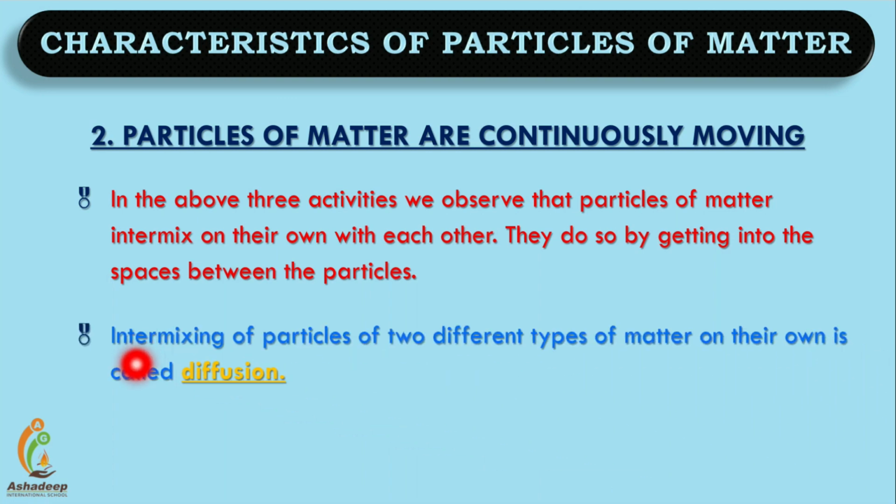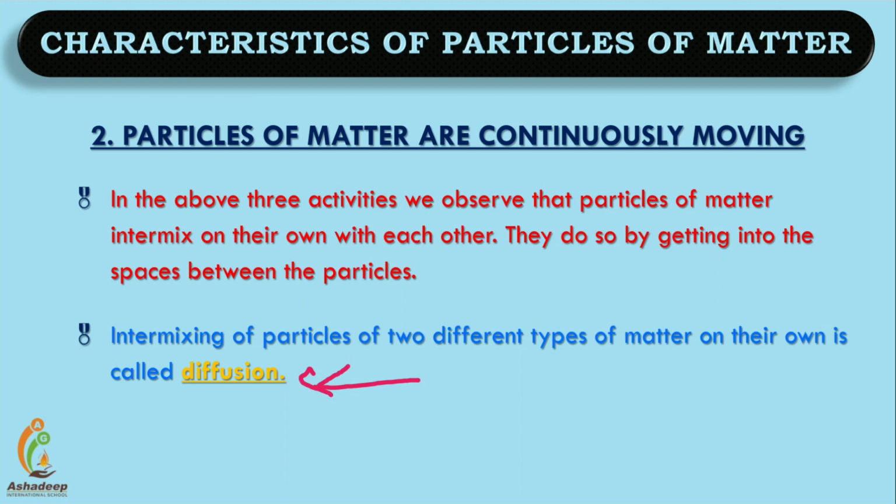Now the definition, a very important point, listen to it properly. Intermixing of particles of two different types of matter on their own is known as diffusion. So diffusion is nothing but intermixing.